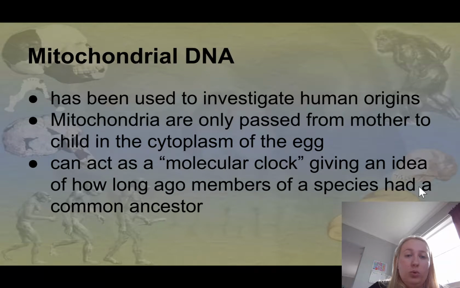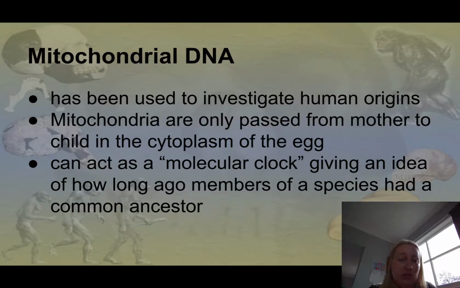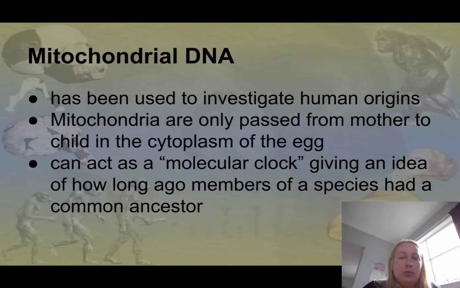So mitochondrial DNA, this is a really important one, and one that is really being focused on at the moment. Again, we've got some New Zealand scientists who are really interested in looking at mitochondrial DNA. This has been used to investigate human origins and when humans began living in certain parts of the world.